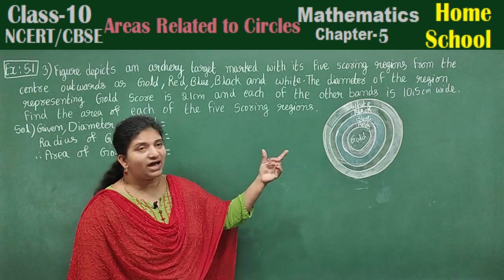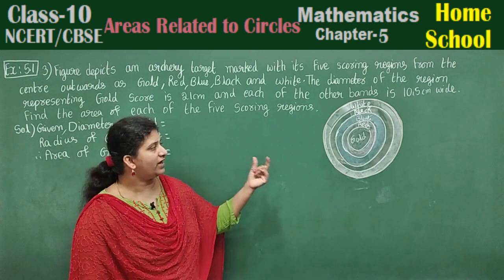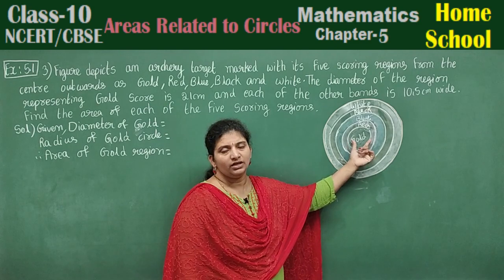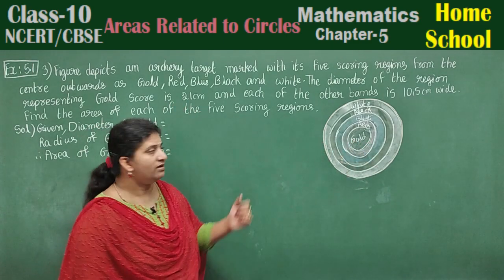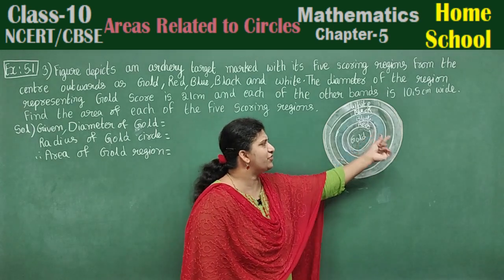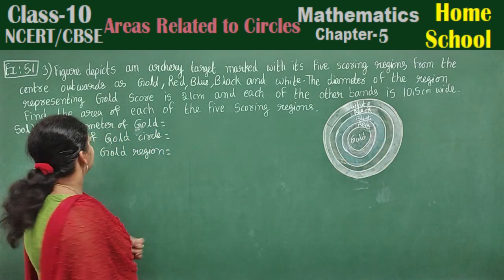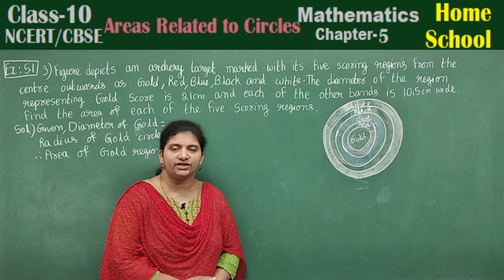You can see 5 colors and scoring regions with 5 different colors. The diameter of the gold is 21 centimeters and the width of each ring is 10.5 centimeters. Find the area of each of the 5 scoring regions.